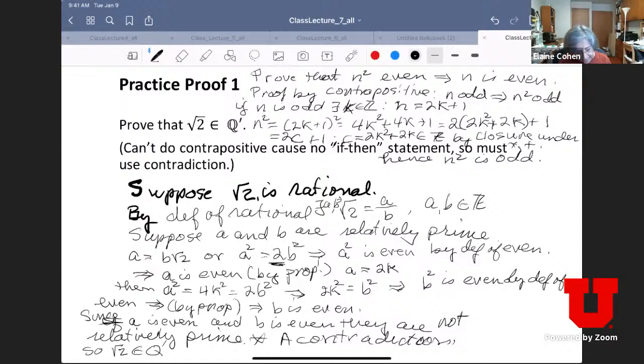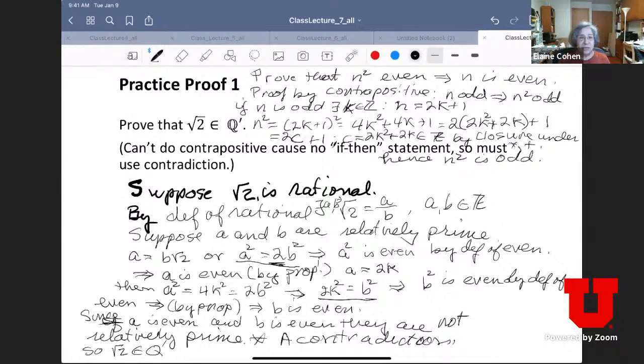So you get to that point and say, this is sort of a roundabout kind of thing. We start out here and we say, well, we have that a squared is 2b squared. And down here, you get that b squared is 2k squared.